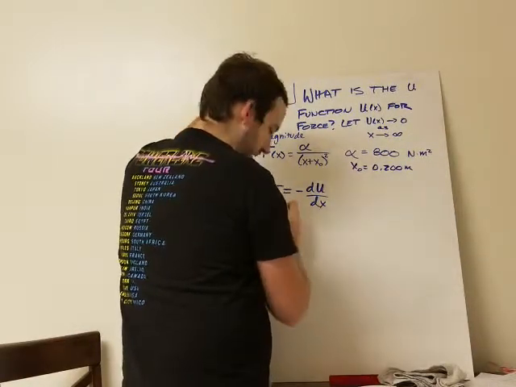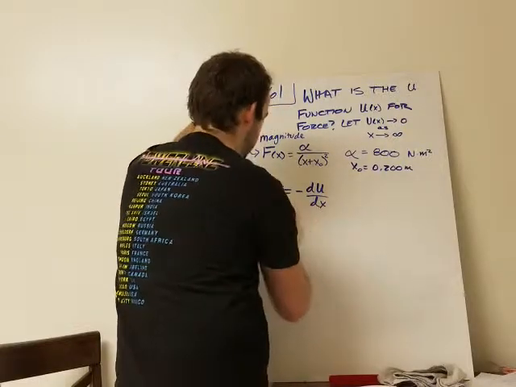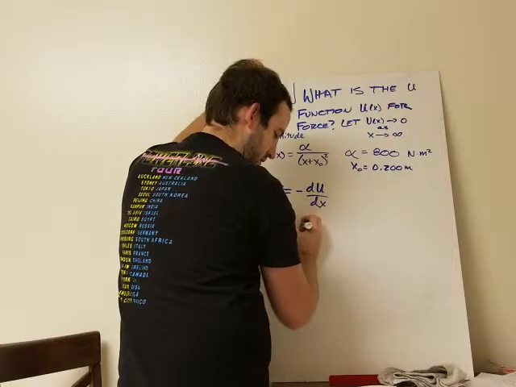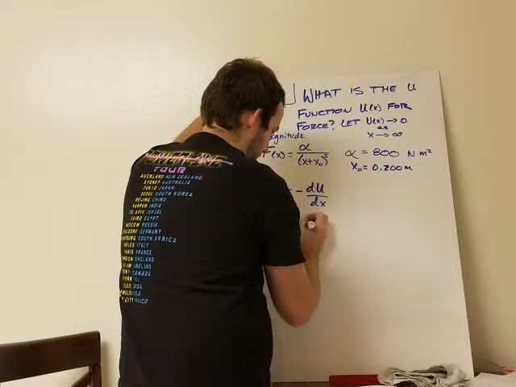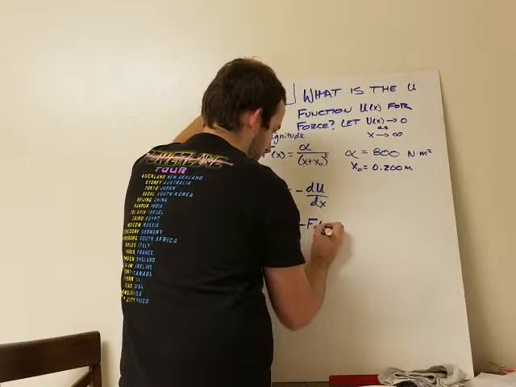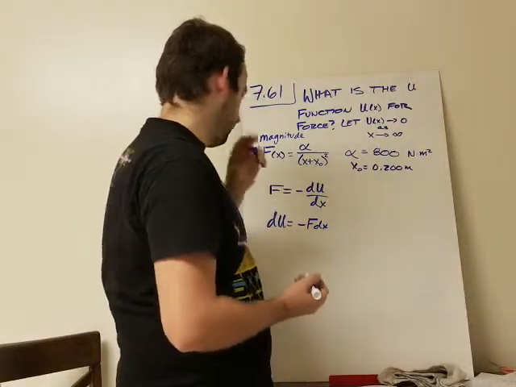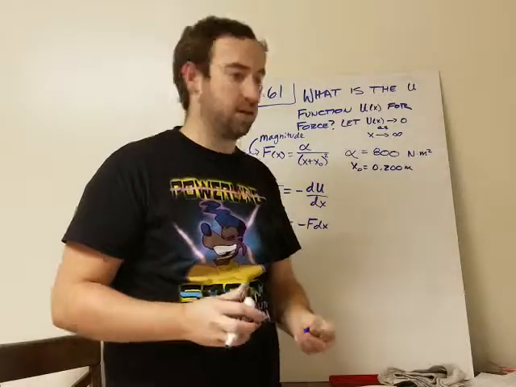If we rearrange this, we get du equals negative f dx. And so to get u alone, what we will need to do is integrate this.